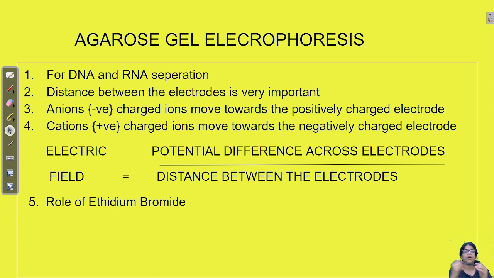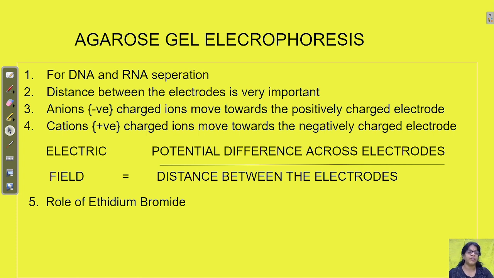What is agarose? Agarose is a derivative of agar. Based on the percentage of agarose used in the lab for DNA, if the percentage of agarose used is less, you can separate higher molecular weight DNA. It is always like that.